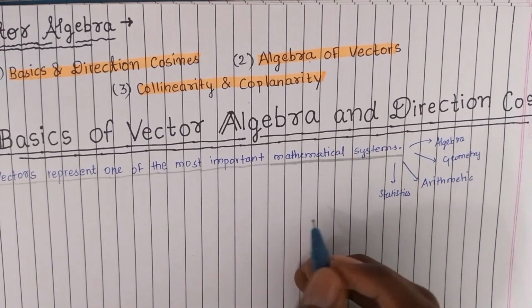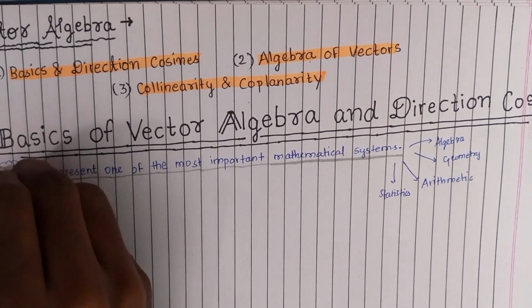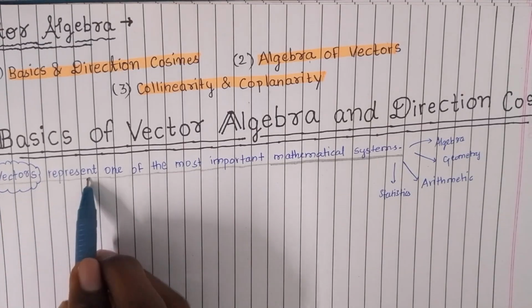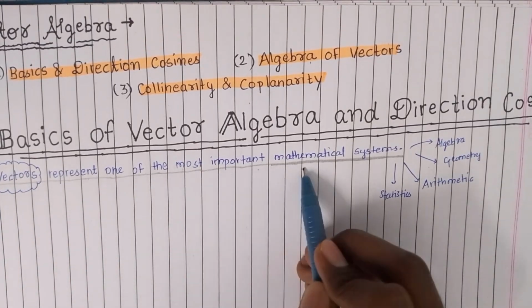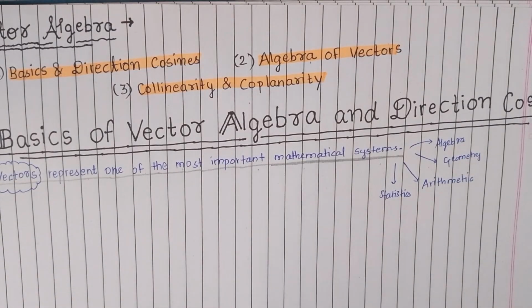In that mathematical system, vector is also an important part. That's what this line says. It means without vector, our maths won't be complete. Our physical equations depend on maths, and one of the most important parts of maths is vector.